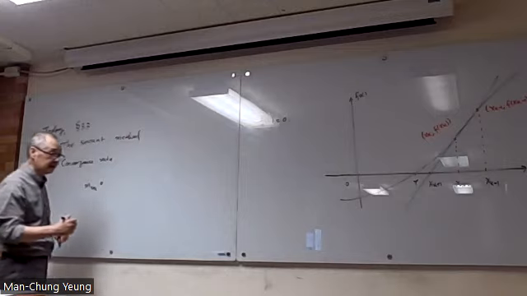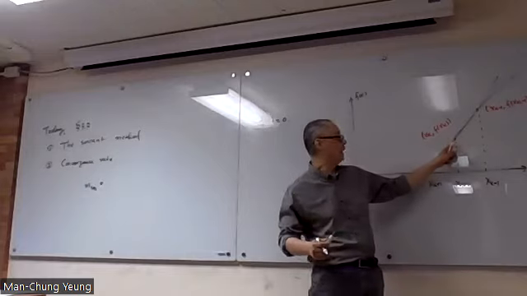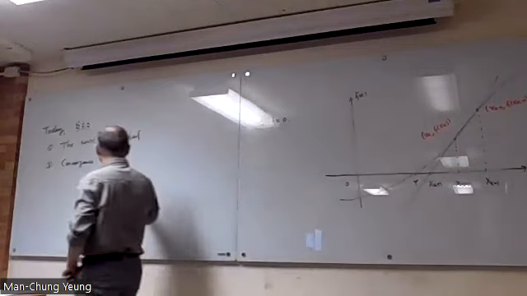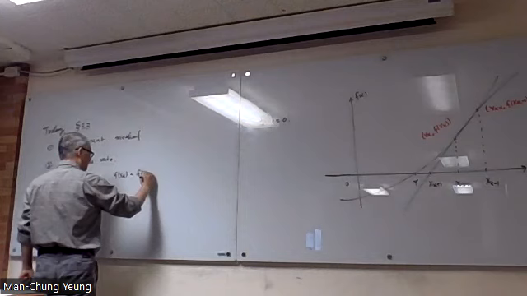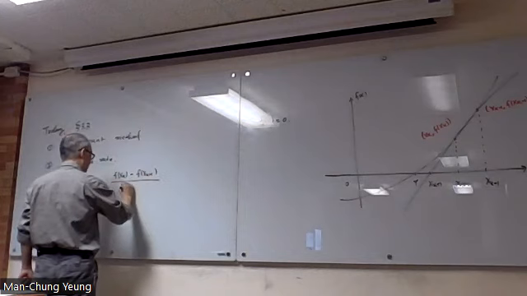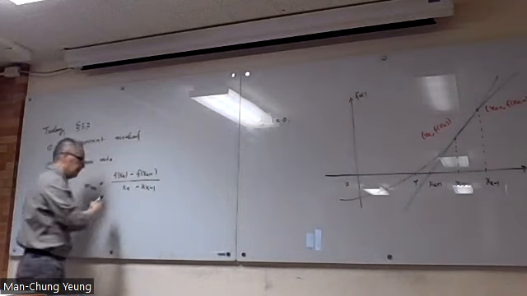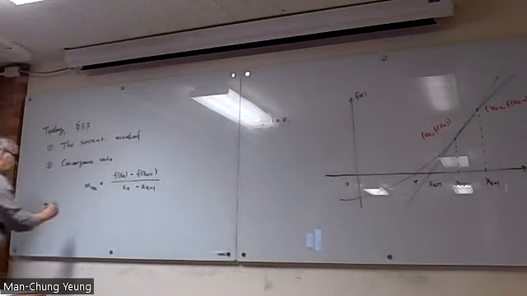I take this point as y2 and this as y1. So it is (f(x_k) minus f(x_{k-1})) over (x_k minus x_{k-1}). This is the slope of the secant line.